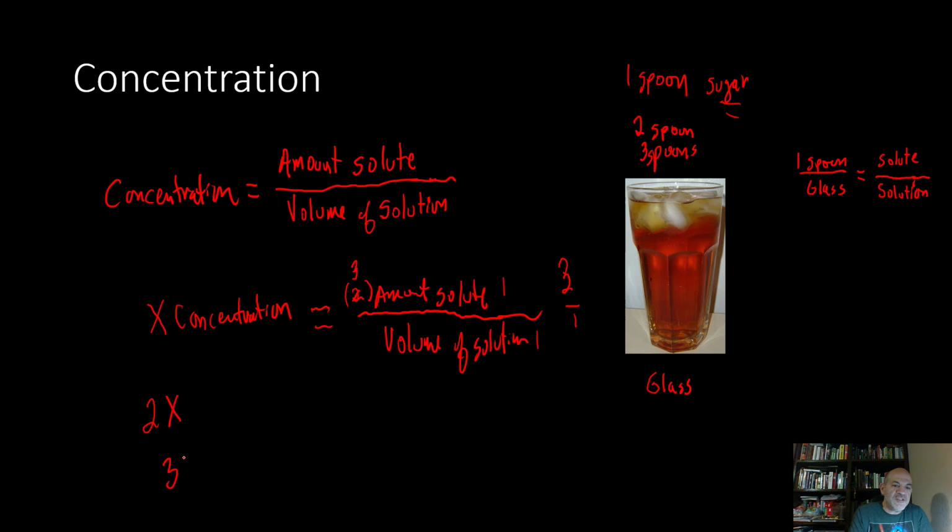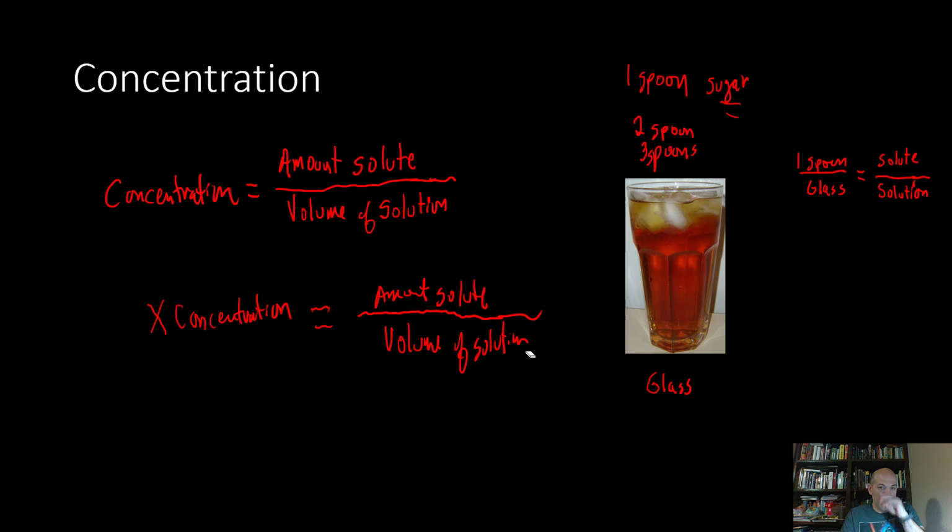This means your concentration would be 3 times what it was before we tripled it. So that's the way you would think about these kinds of problems. General questions. So that means the concentration of the tea, if we were to do using spoons, would be 3 times sweeter or 3 times stronger than it was before.